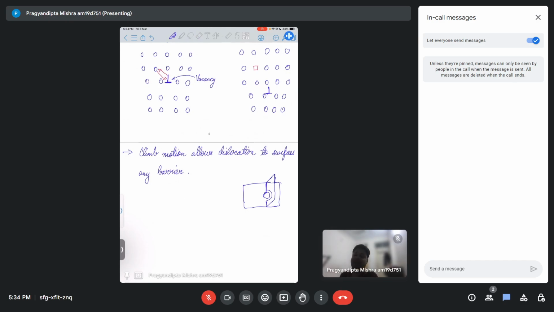So that is how the climb will happen if this is the barrier.